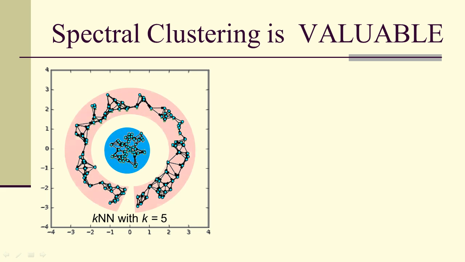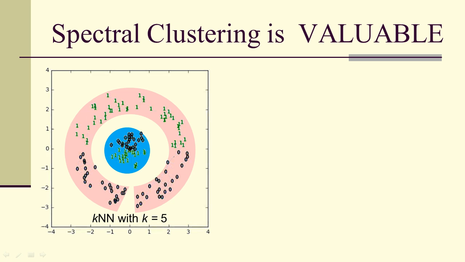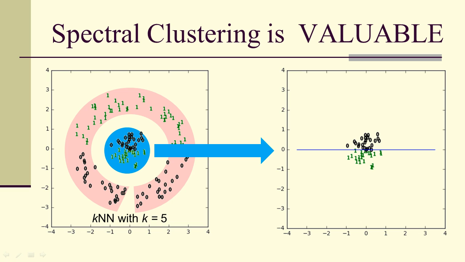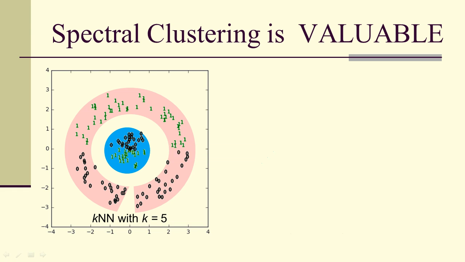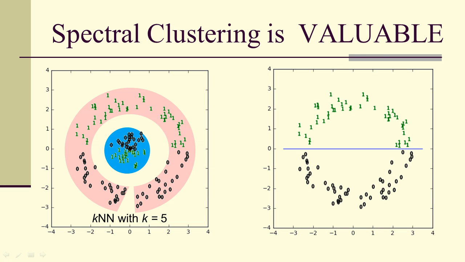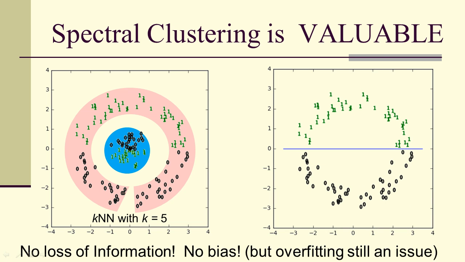So we cluster into two clusters. And now we've got a clustering of our labeled data. So we did an unsupervised learning to get the clusters. Now we can go back to a classifier, but now we can apply the classifier on each cluster. And each cluster is linearly separable, as you can see.